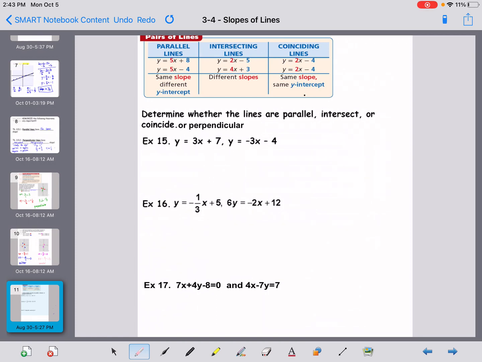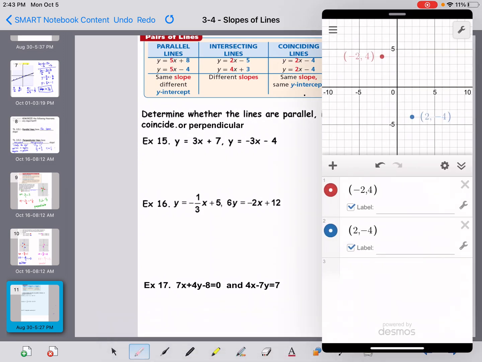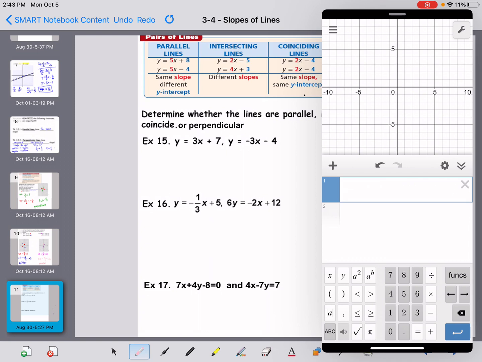Wow. Now I've got actual equations of the lines, okay? I'm going to use Desmos for this one. Remember, Desmos doesn't care how I type stuff in. So I'm going to type in exactly what I see here.